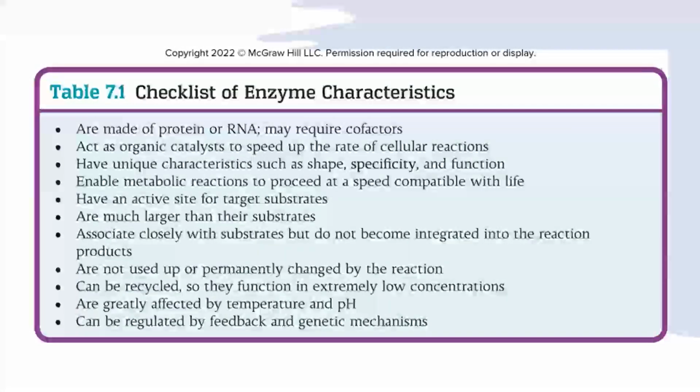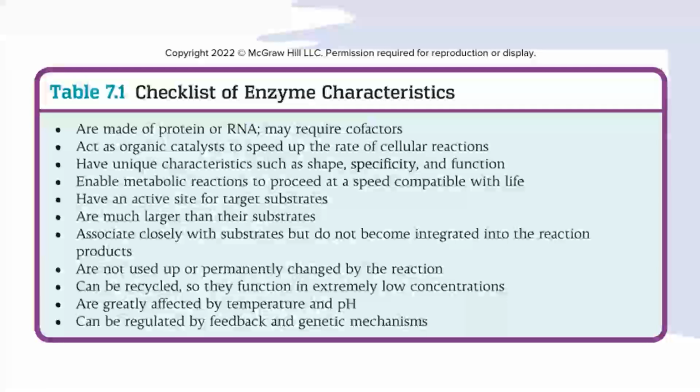So let's look a little bit more at what are some characteristics of an enzyme. How would we identify them? Typically, enzymes are comprised of protein, sometimes RNA, and then occasionally they'll require cofactors, often more like metallic ions, to help them function.